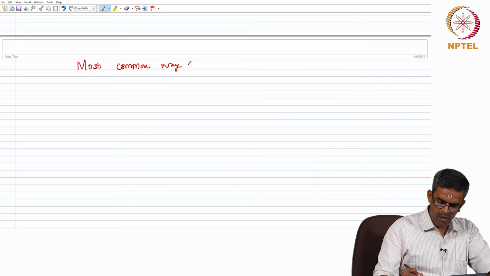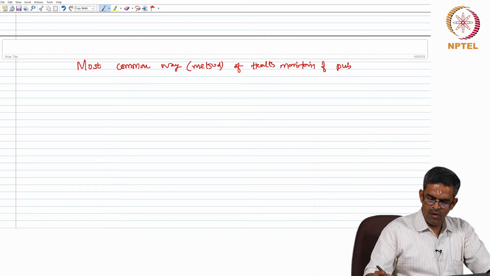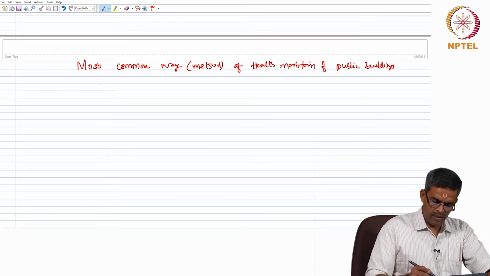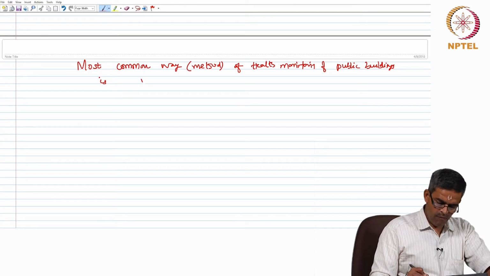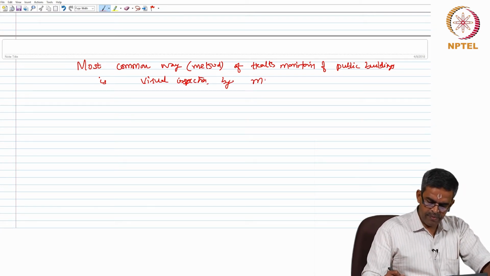The way or method of health monitoring of public buildings is visual inspection by the maintenance personnel.